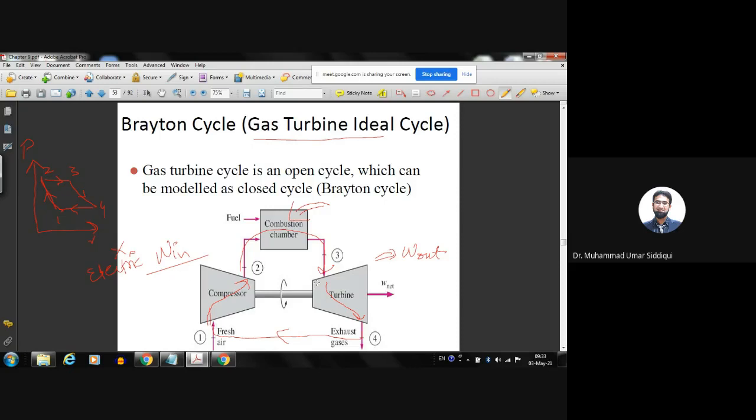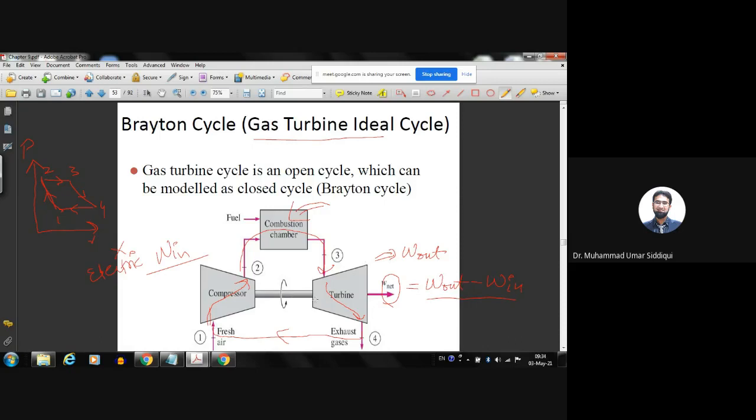So what we get out of the turbine is basically the net work output. And what is the net work output? It's the total work out minus the work in taken by the compressor. So that will be the net work, which is what we get out of this Brayton cycle.